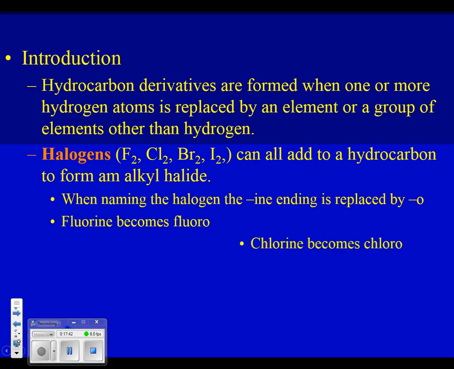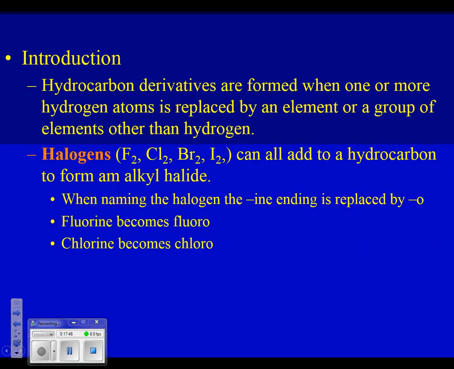Okay, hydrocarbon derivatives. Halogens, halocarbons. Tell me about electronegativity on halocarbons. Fluorine is the most electronegative. So wherever fluorine is, it's going to pull the electrons towards it.